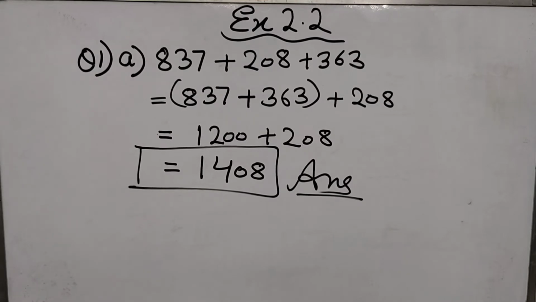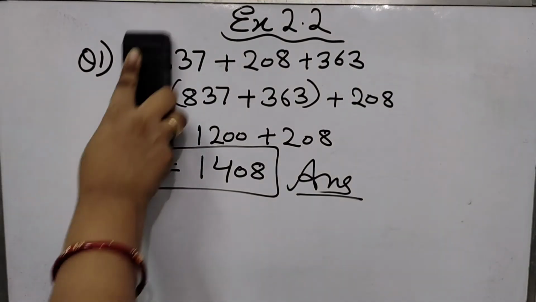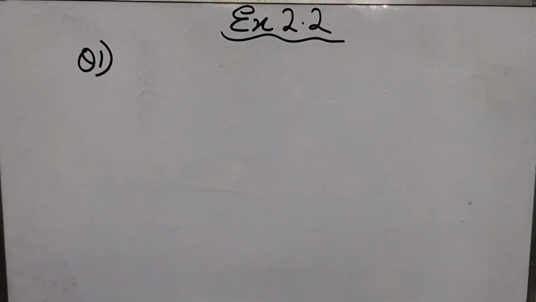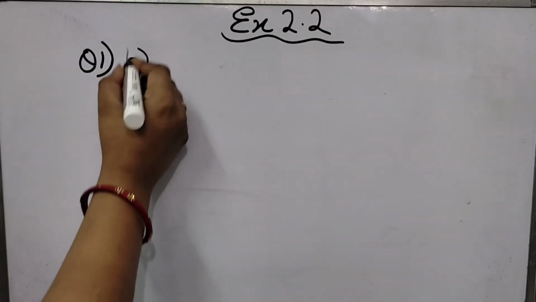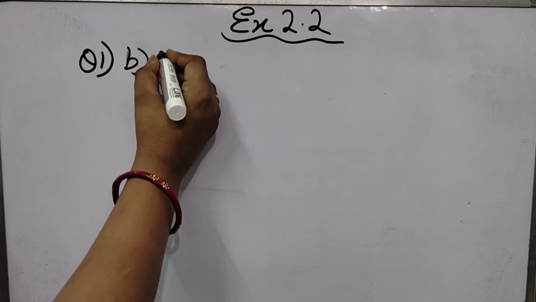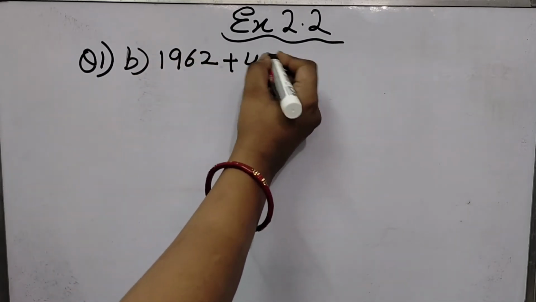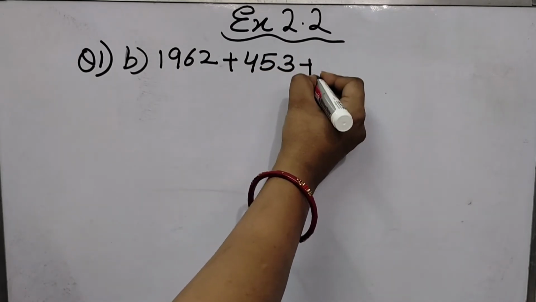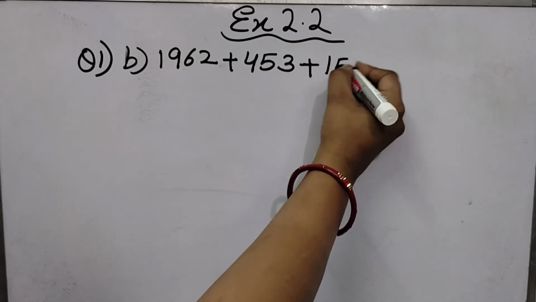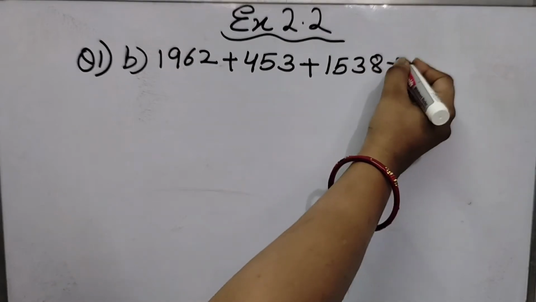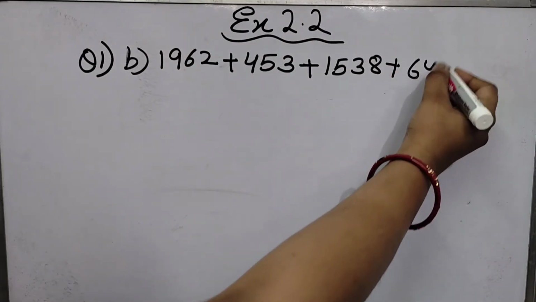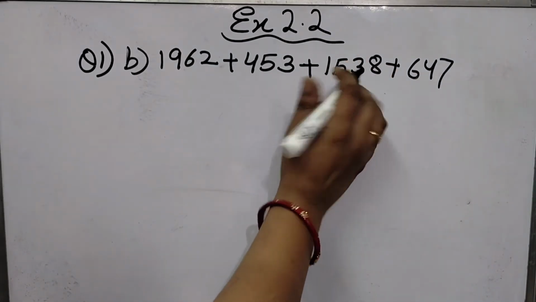Let's do next part. Part B is 1962 plus 453 plus 1538 plus 647.